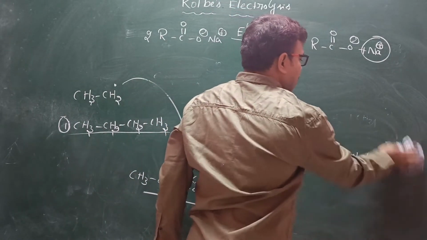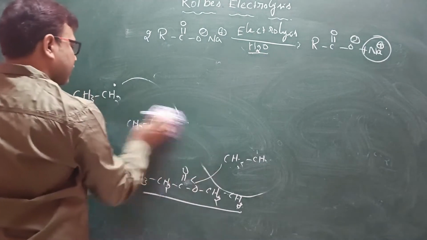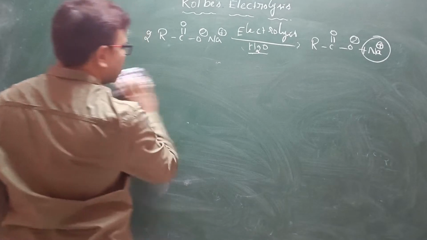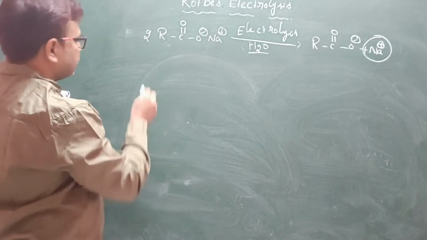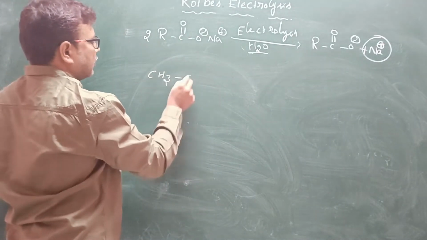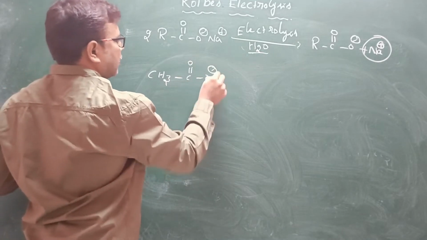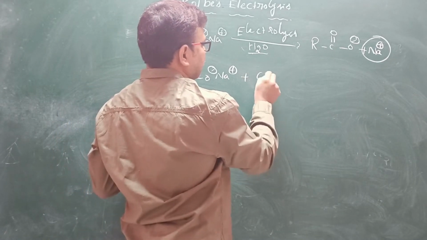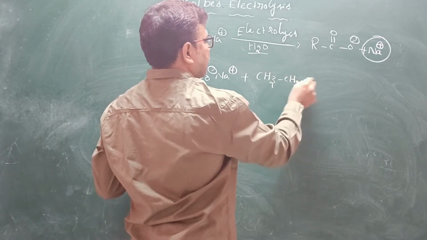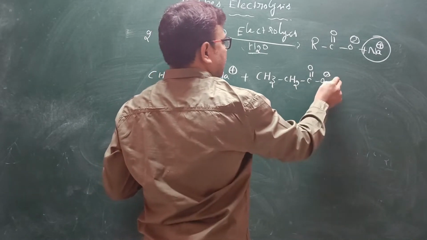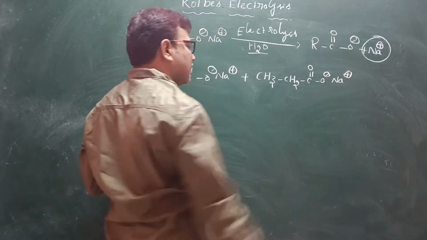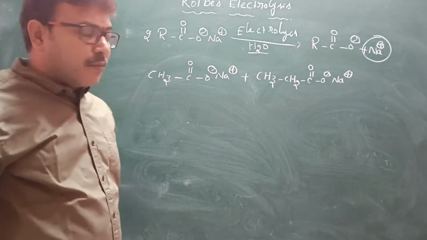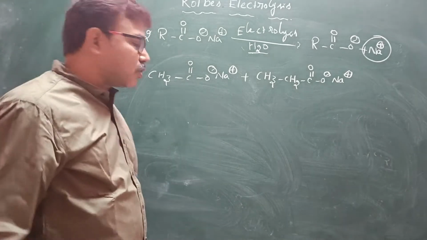When sodium acetate and sodium propanoate undergo homolytic cleavage, you get how many number of products? So it is an integer type question.